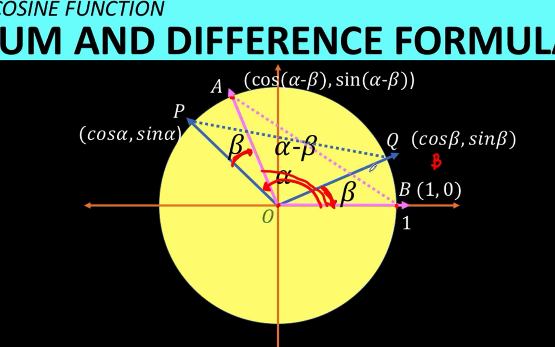These two triangles are congruent because the pink triangle is just formed by rotating the blue triangle by beta in the clockwise direction. Therefore, we can say that the distance PQ, which is the hypotenuse of the blue triangle, is equal to the distance AB, which is also the hypotenuse of the pink triangle.